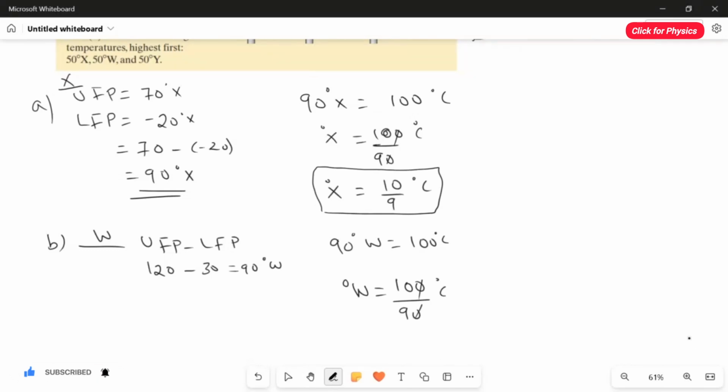We can cancel the 0 with the 0, so 1 degree W is equal to 10 over 9.